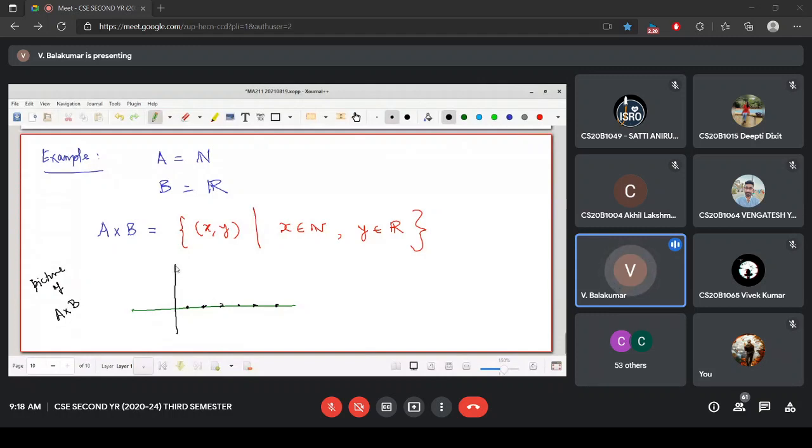My real numbers are in the black color. This is my B equal to R. This is my A equal to N. What about A cross B?